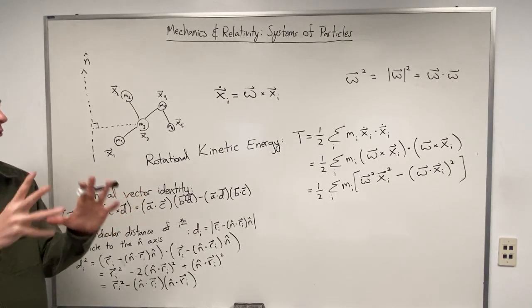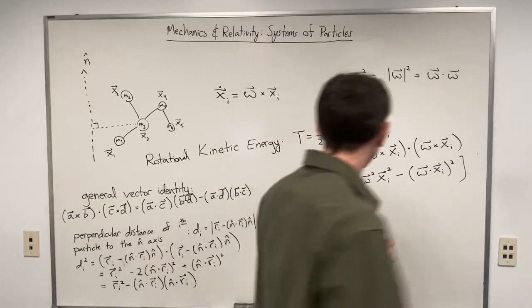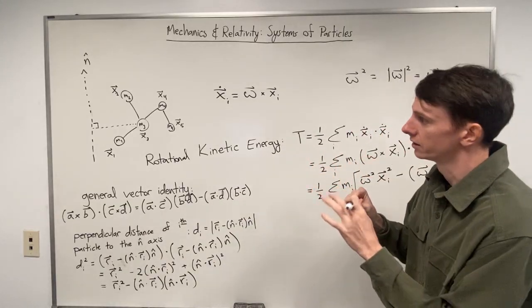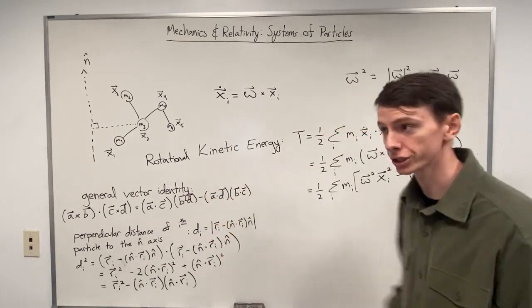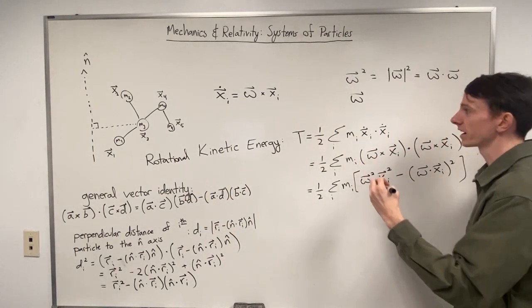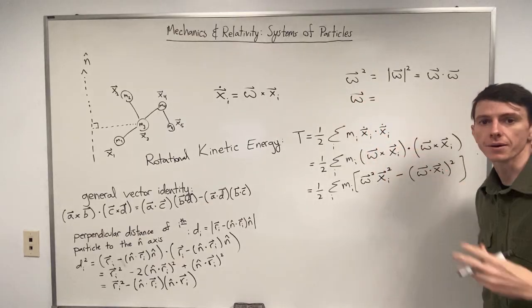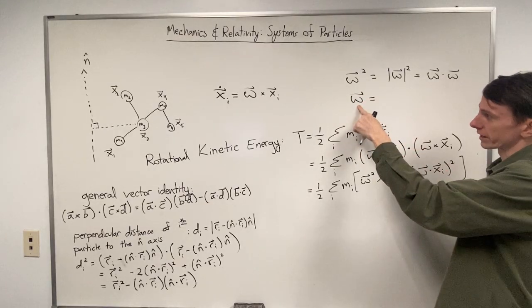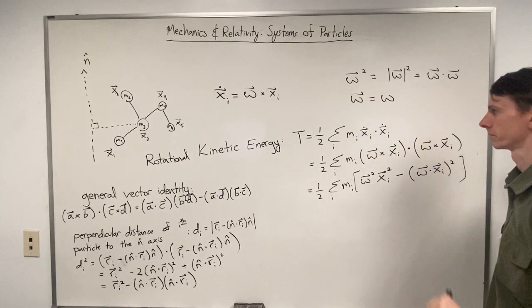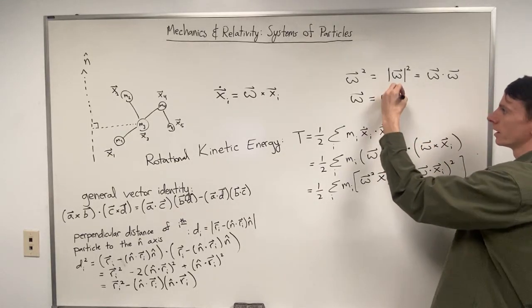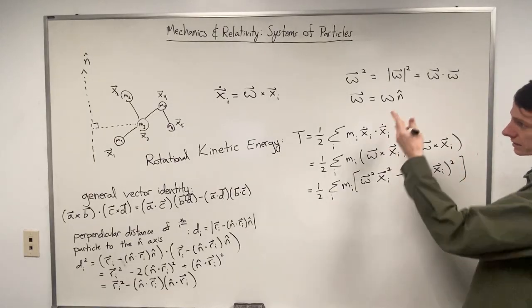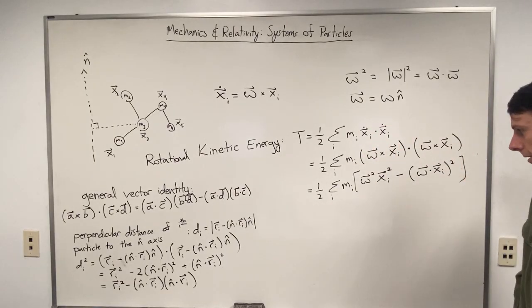And the final way that we can connect this is that if we're assuming that the angular velocity is constant, in other words, there's no angular acceleration involved, then we can say that the angular velocity vector has a magnitude, which we can just call omega without the arrow, and it points in the n hat direction. That's how we're going to think of the omega vector, okay?